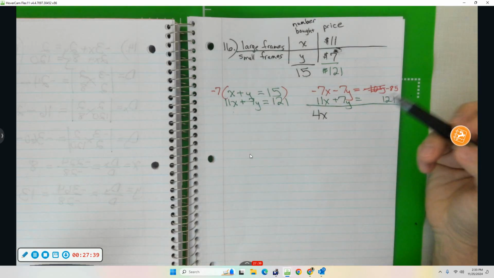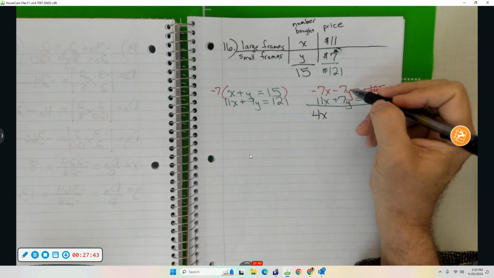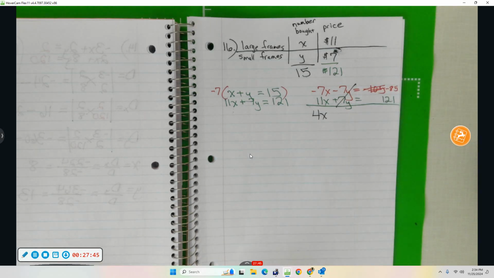What's going to happen when we add the y terms together? Okay, that's why we did that. That's why we multiplied by that negative 7. We wanted to get rid of the y terms.